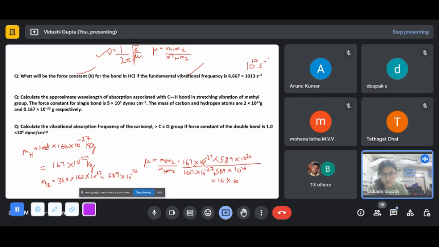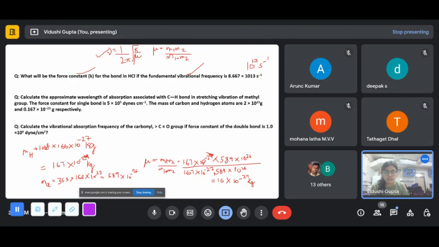After solving, it will be 10 minus 27 kg. I think it will be 27 only. So now you got the reduced mass.